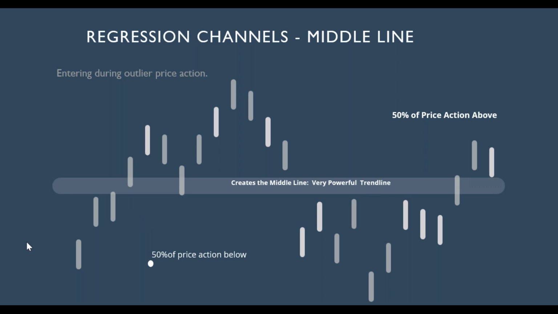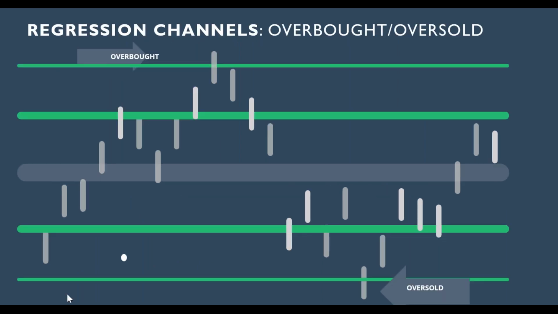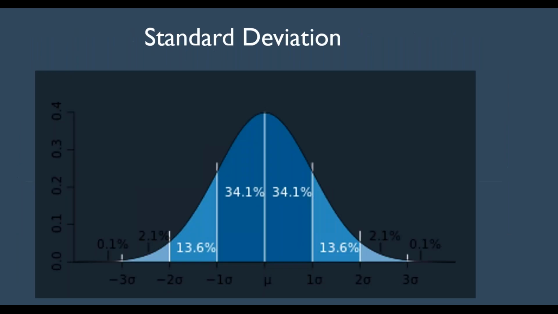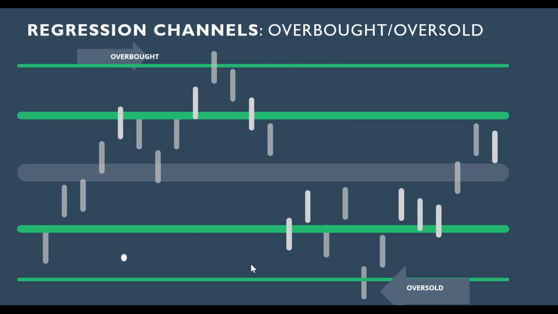Once you have that established, you can give the plus or minus 1 standard deviation, plus or minus 2 standard deviations. Plus or minus 1 standard deviation will show you 68.2% of all prices will be contained within that channel. The plus or minus 2, it's 95% of prices are contained within this channel.